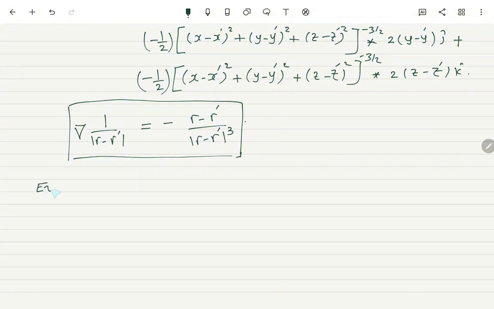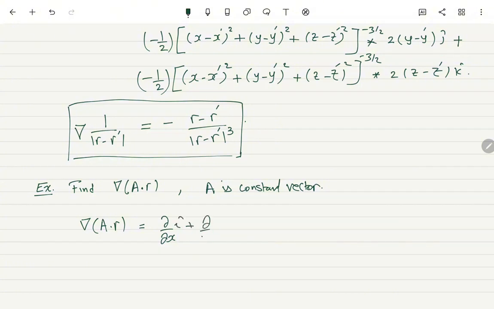Example: find gradient of A dot R, and assuming that A is a constant vector. Now to find gradient of A dot R, in this case, partial x i, partial y j, partial z k.